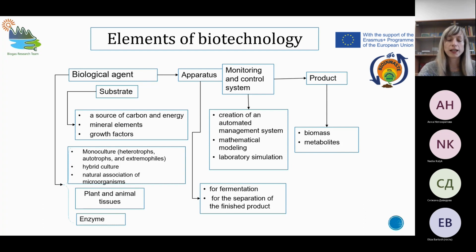So these are the general elements of biotechnology, and we have a lot of biotechnological processes and different fields of biotechnological application, of course in medicine, environmental protection, chemical technology, food technologies and others. But the elements of biotechnology we can see clearly in this slide.